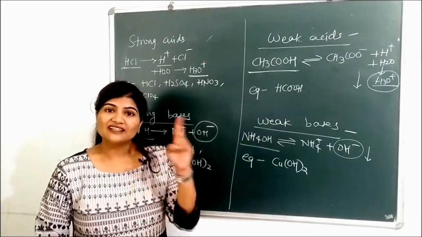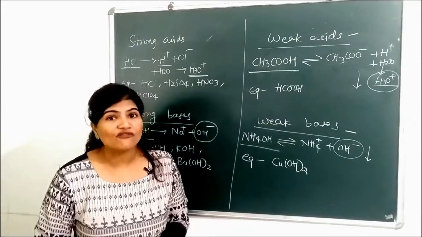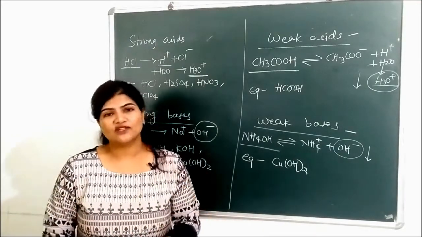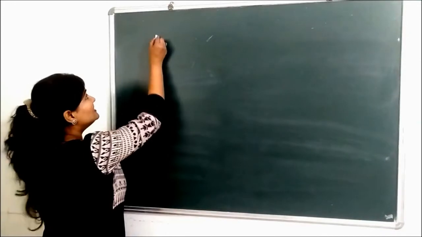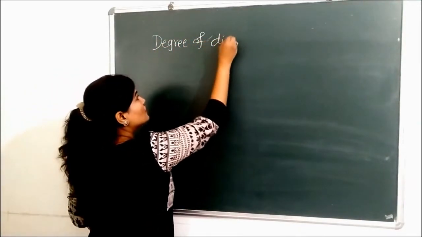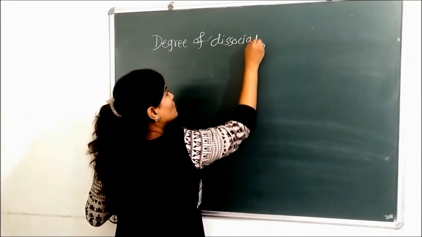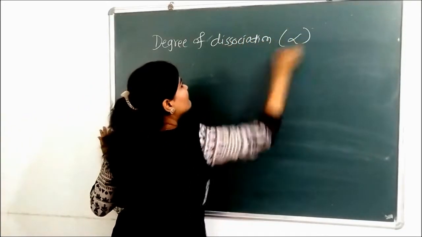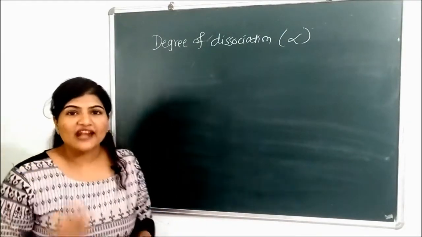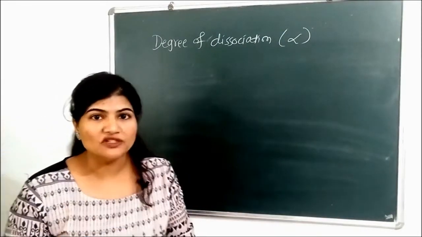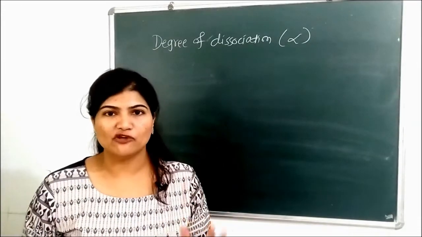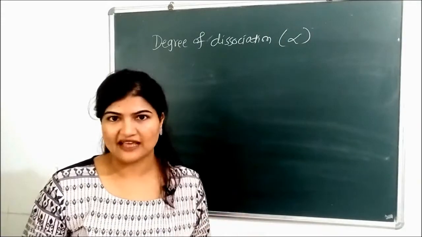We will do it with the next concept, and it is degree of dissociation. So now we will learn what is a degree of dissociation. The degree of dissociation, referred to as alpha, is nothing but the fraction of the total number of moles dissociated at equilibrium to the total number of moles of electrolyte, either acid or base.